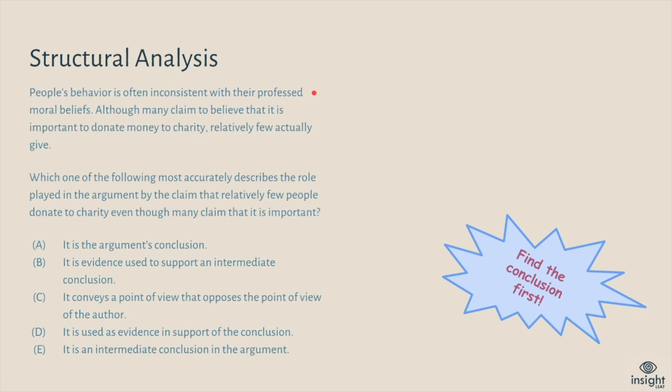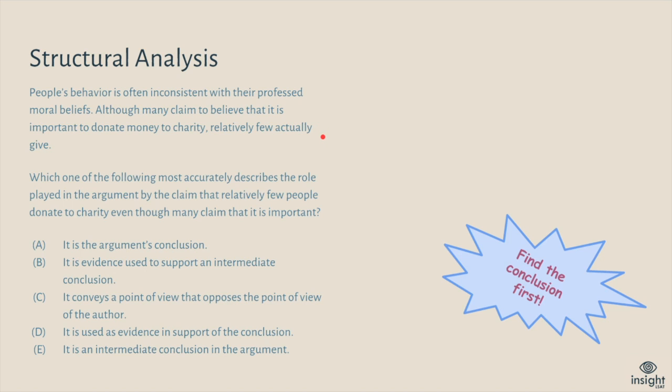How about the other one? How would you convince somebody that people's behavior is often inconsistent with their professed moral beliefs? In that case, you'd want to refer to examples in which people act inconsistently with their professed beliefs. And that's what this is. This is an example of people acting inconsistently.